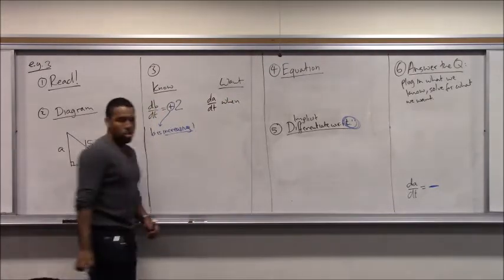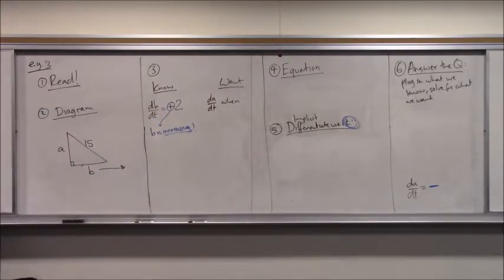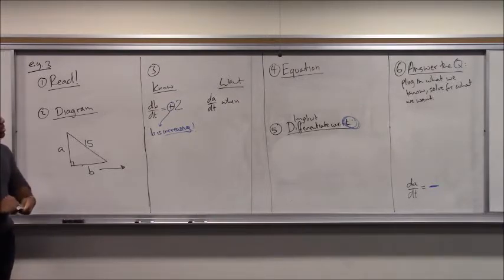Now you want to find the situation. When the foot of the ladder is 9 feet from the wall, how would I express that? A is the wall, so the ladder is touching the wall.